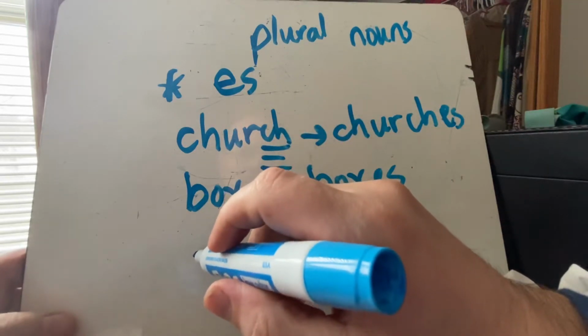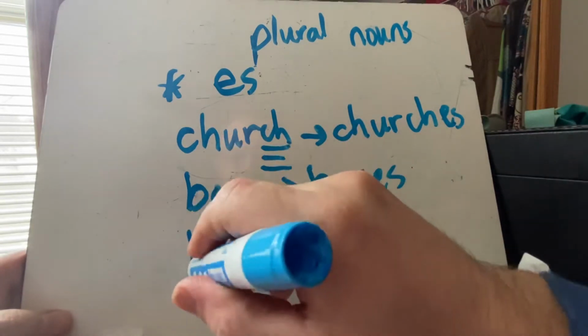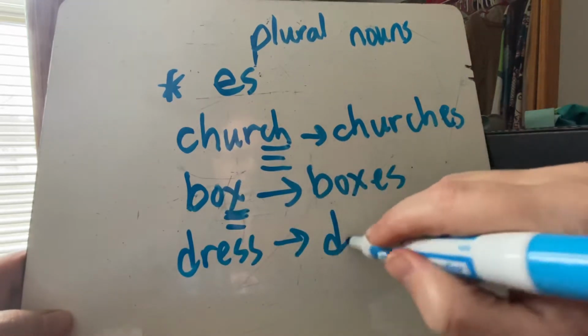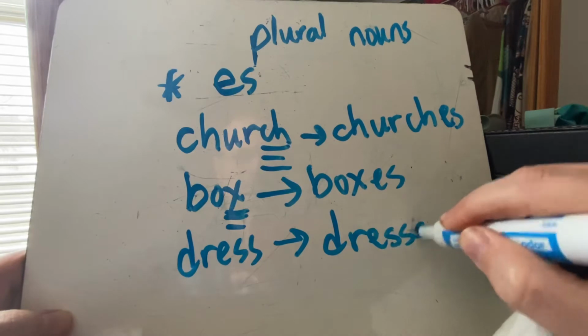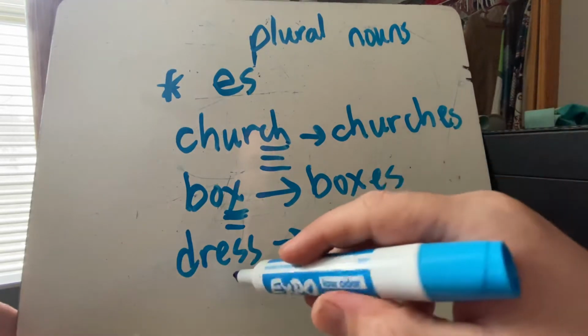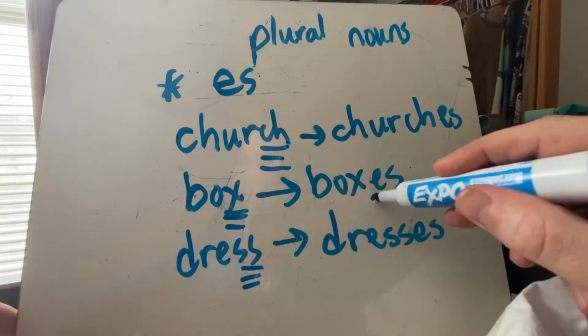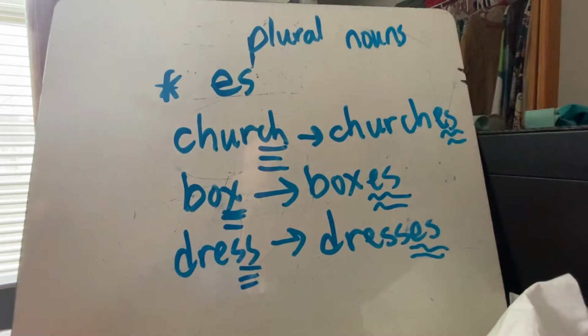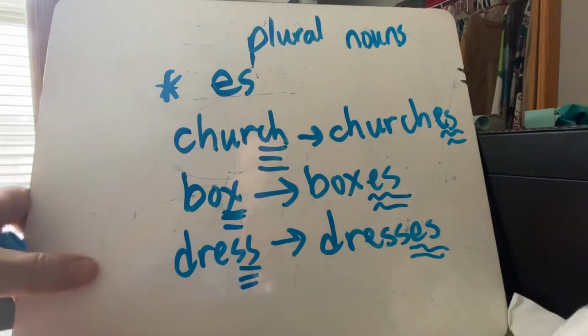If it ends in S, dress, dresses. There are certain endings that if we hear those endings or see those endings when we go to make it plural, we need to add the ES. And this is review. This is stuff that we've talked about.